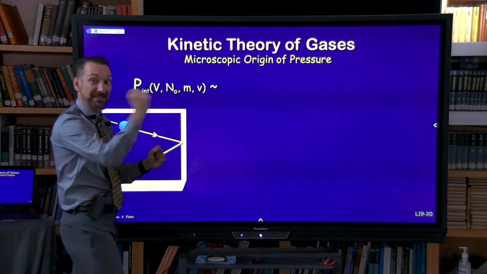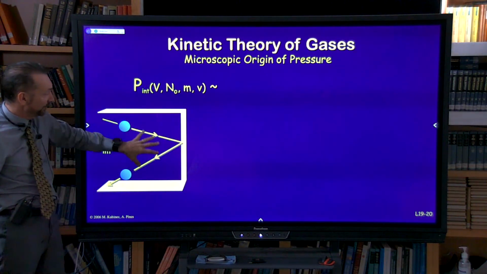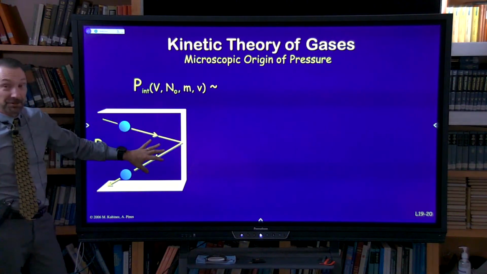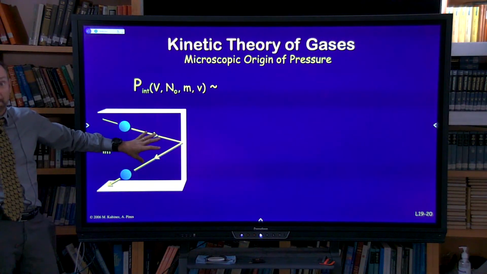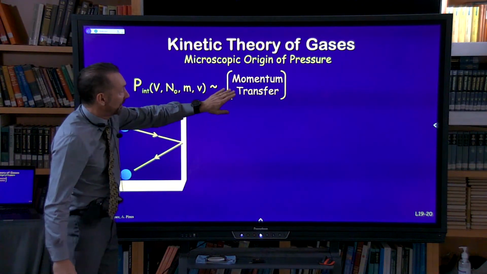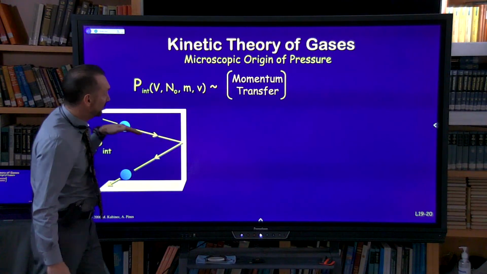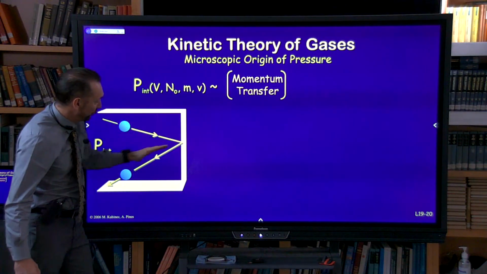Higher velocities of the particles would also give you higher momentum. So all those things factor into the microscopic origin of the pressure. So we can look at it in terms of the physics. So you transfer momentum from the particle to the wall.